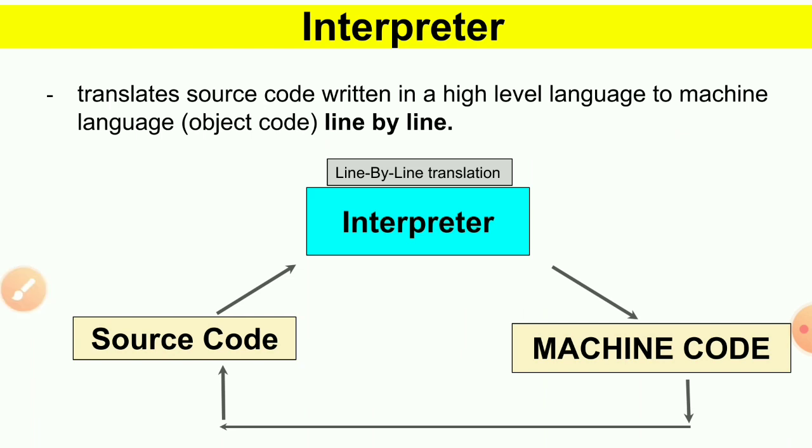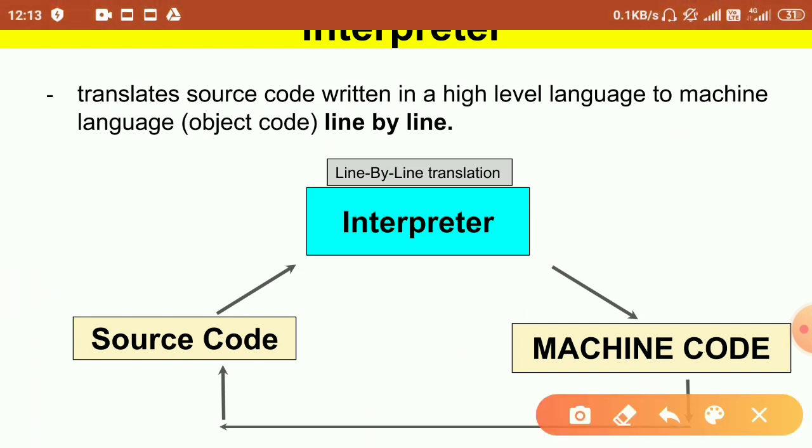In the case of interpreter, this is also a translator which converts a high level language into a low level language, but the difference is that it translates a single line at a time.